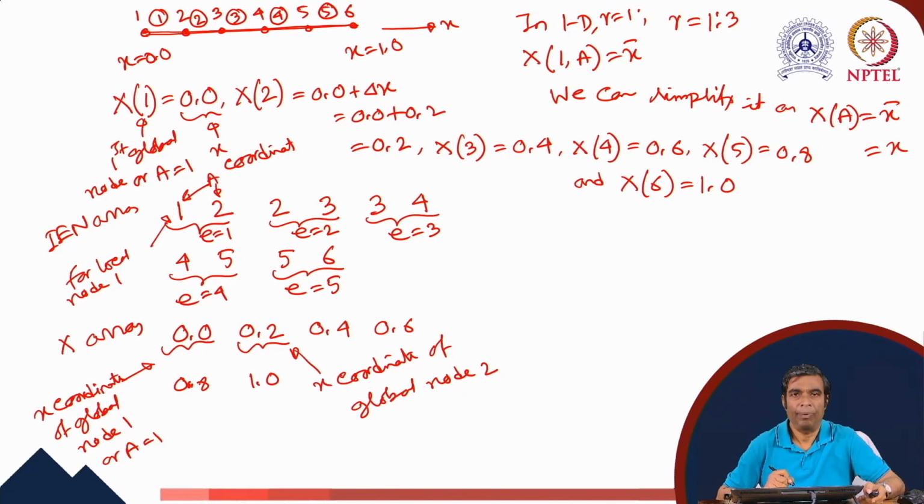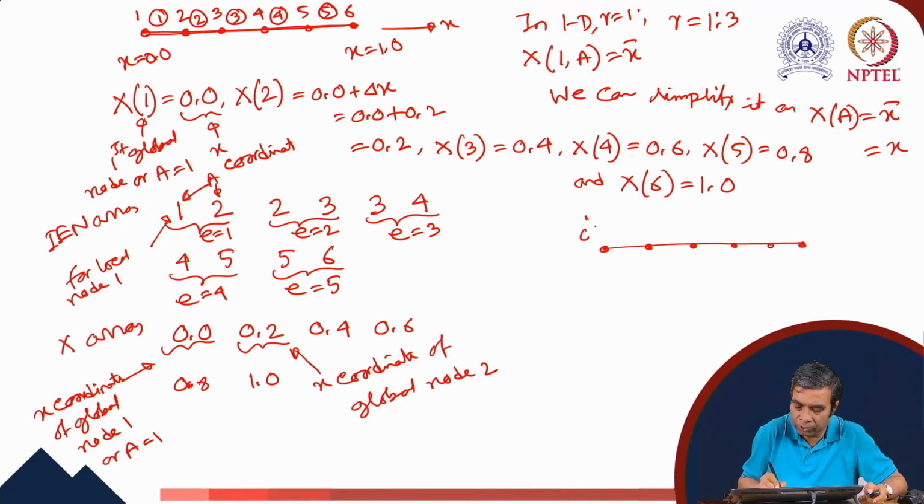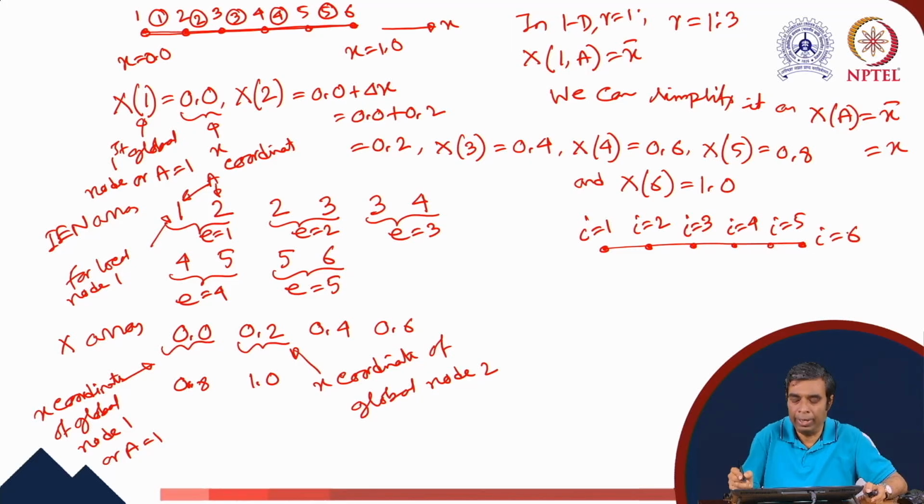Now, the difference between the finite difference and the finite element method is that for the finite difference method, we don't require any connectivity matrix. So in the finite difference method, we can generate these 6 nodes. We identify that this is the first node, I equals 1, the second node, the third node, I equals 3. Similarly, we can generate the remaining nodes, up to I equals 6.